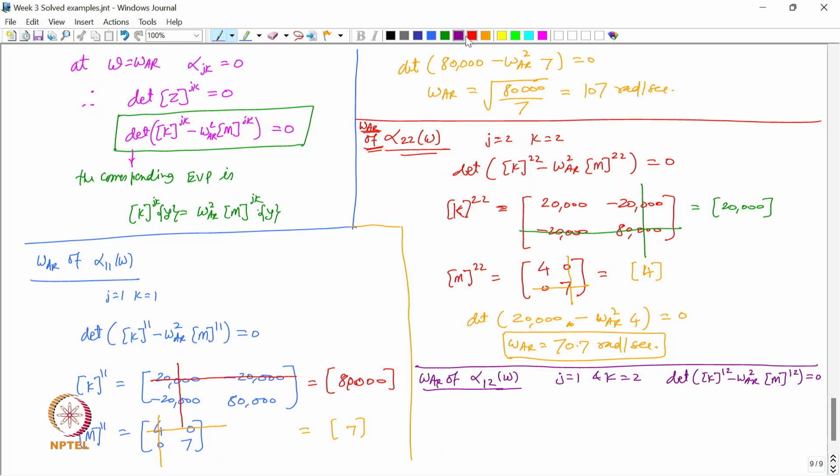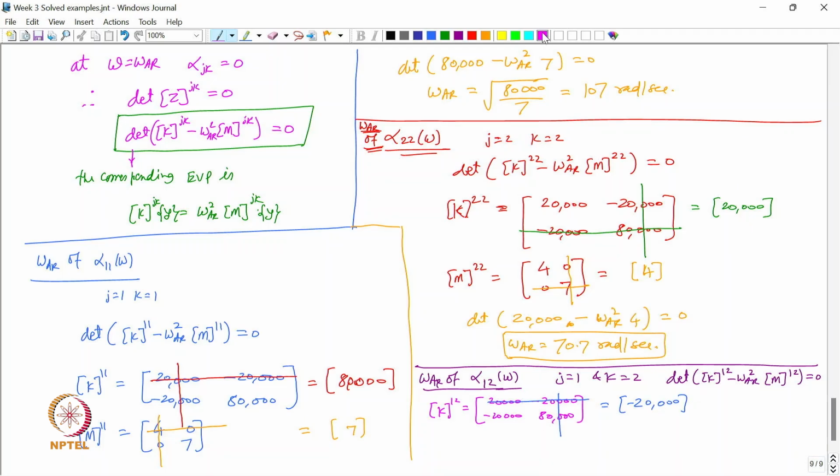And now if I determine K12, then I have 20,000, minus 20,000, minus 20,000, 80,000, right. Now if I strike off the first row and second column, k is 2, like this. Then I am left with minus 20,000.